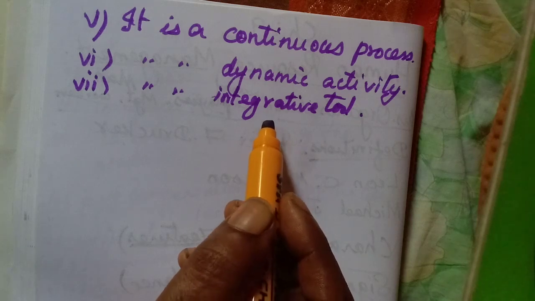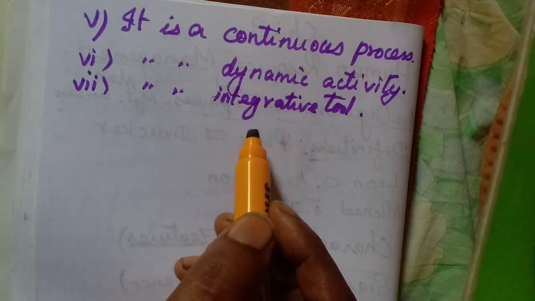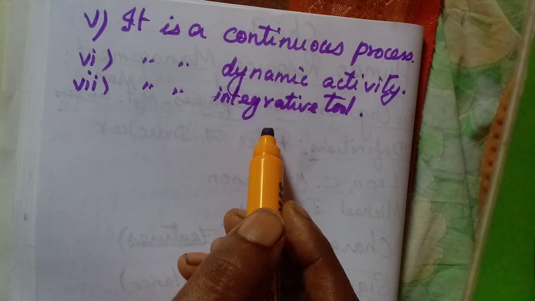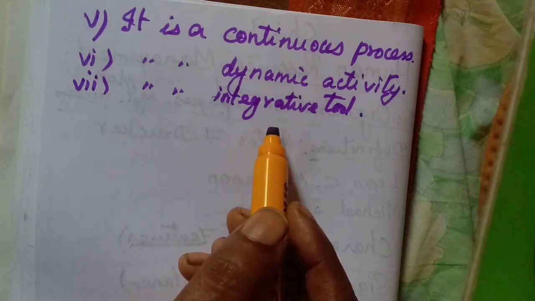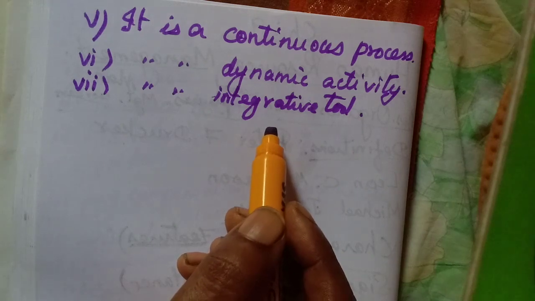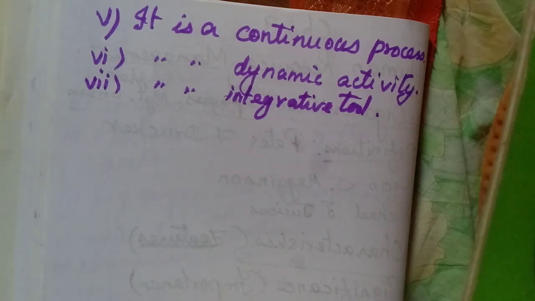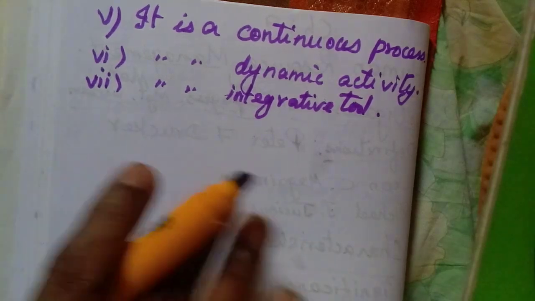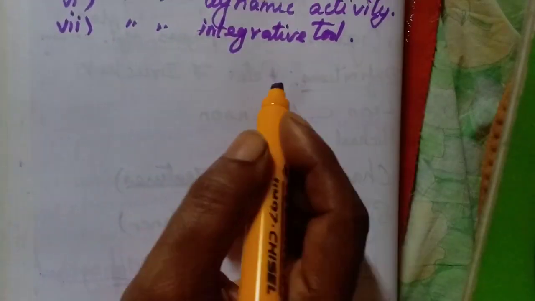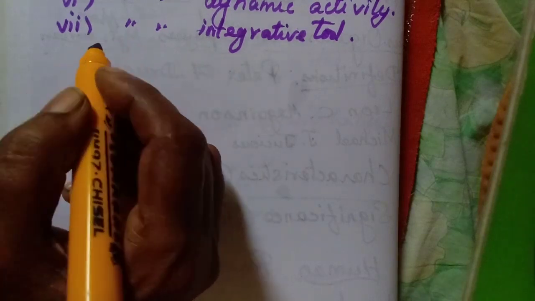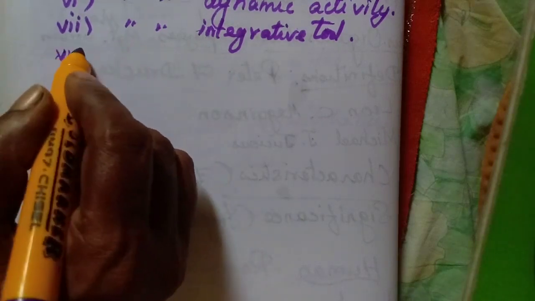Managing human resource includes motivating them, participating with them, or coordinating all the activities of all the departments. Whether they are satisfied with the salary, or whether they must be given more incentives if they have given some good ideas, how to motivate them. All these must be there in the management of human resource.